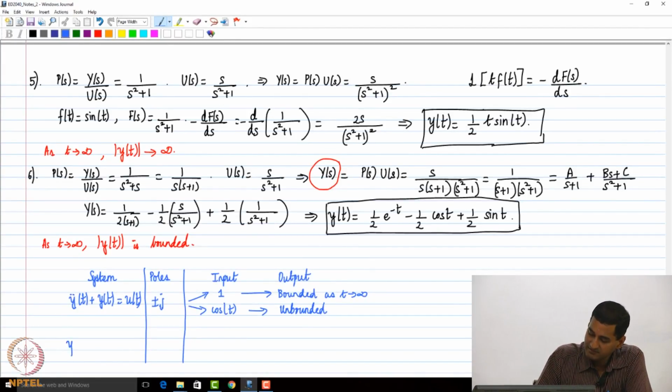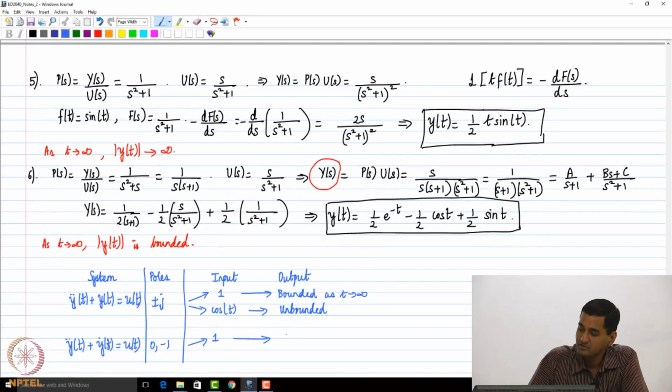Similarly, if we take this system y double dot t plus y dot t is equal to u of t, the poles were at 0 and minus 1. Here when we gave the input as the unit step input, the output was unbounded. On the other hand, when we give cos t, the output was bounded for all time t, right?